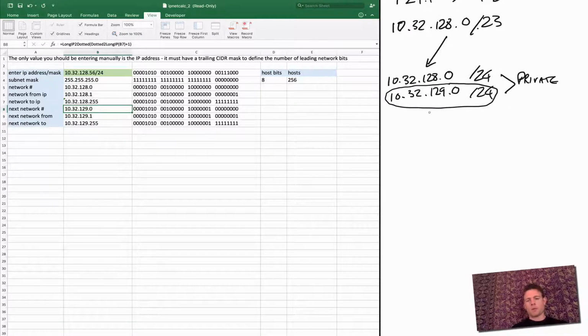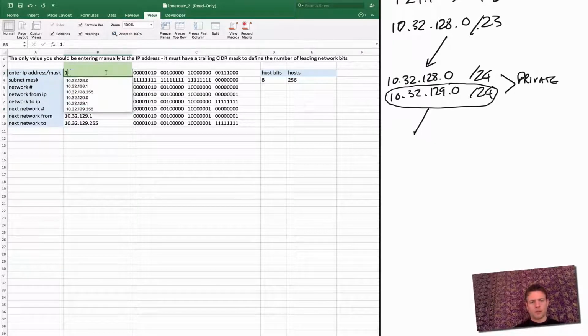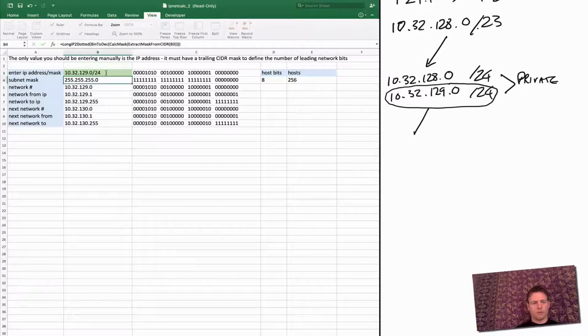And the way we did that was, if we take 10.32.129.0, I'm just going to write that one down up here, so 10.32.129.0/24, okay?